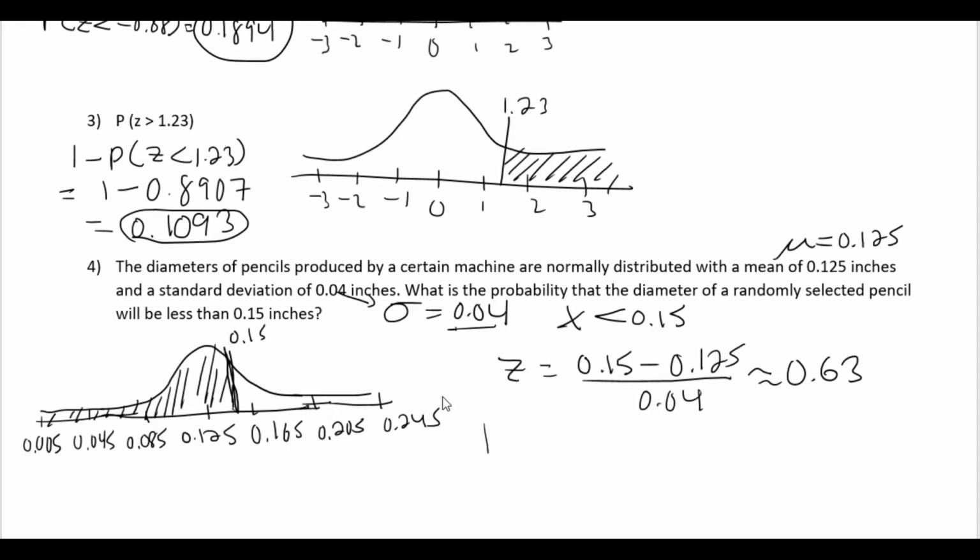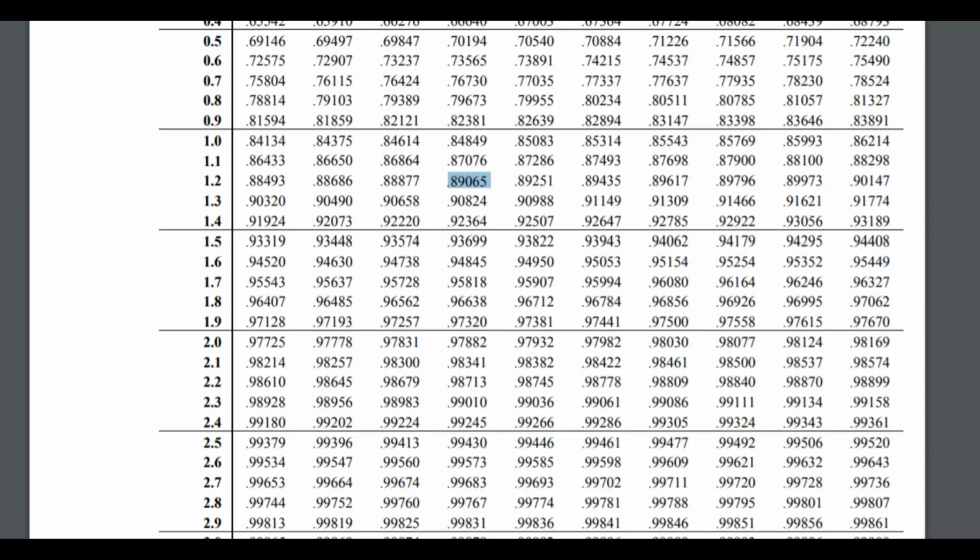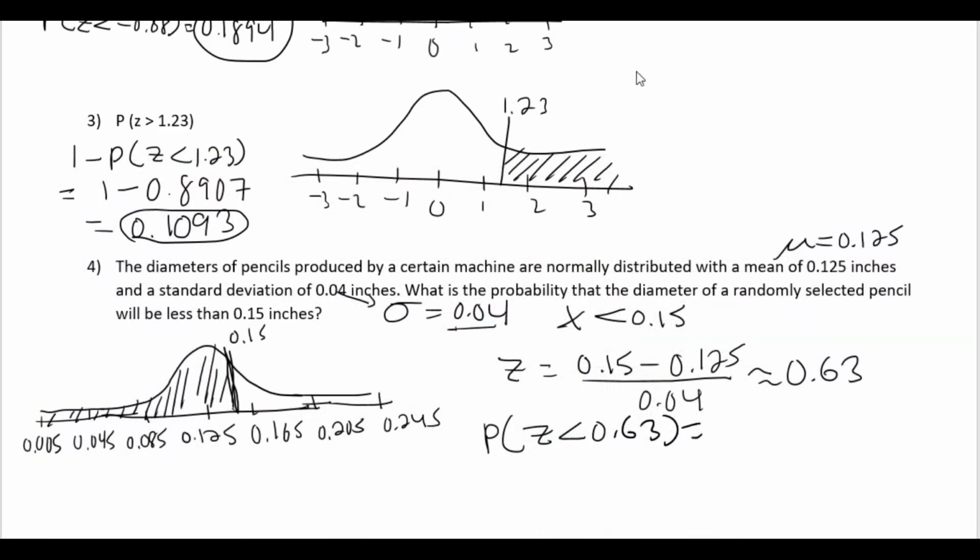So now we can find the probability that z is less than 0.63 from the table. So 0.7357. And that's our answer. The probability that a randomly selected pencil has a diameter less than 0.15 inches is 0.7357.